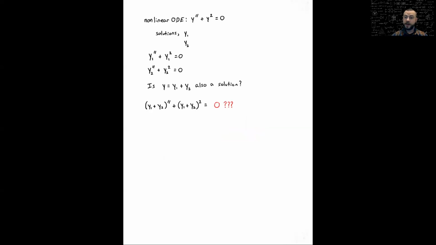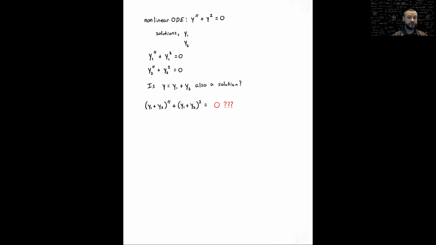All right, now here, I actually don't know what y1 and y2 would be, but we're just going to pretend or suppose that y1 and y2 individually are solutions. And we're going to ask the question, is y1 plus y2 also a solution?